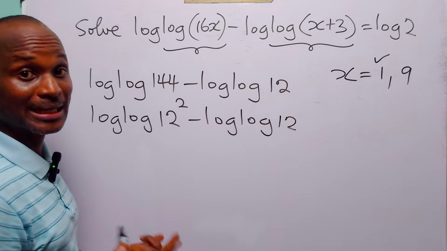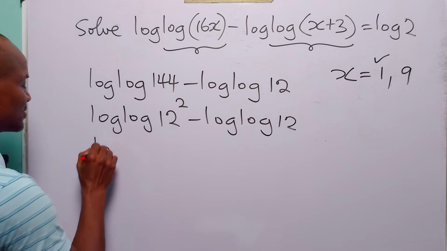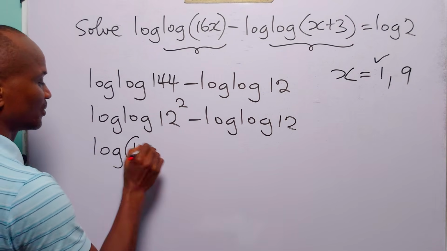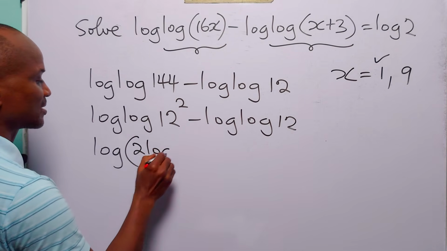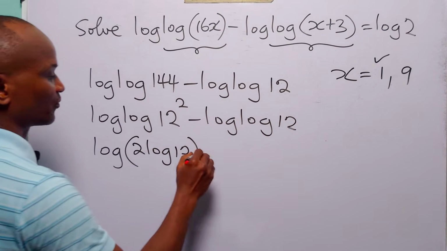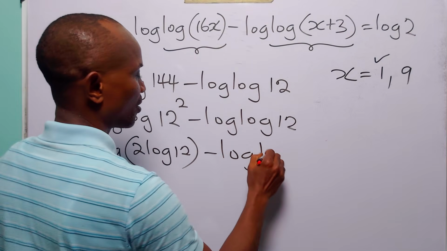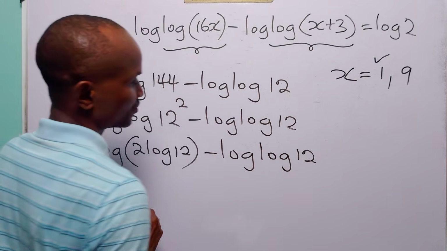Once more, we apply the power rule, and that gives us log of 2 times log 12 minus log of log 12.